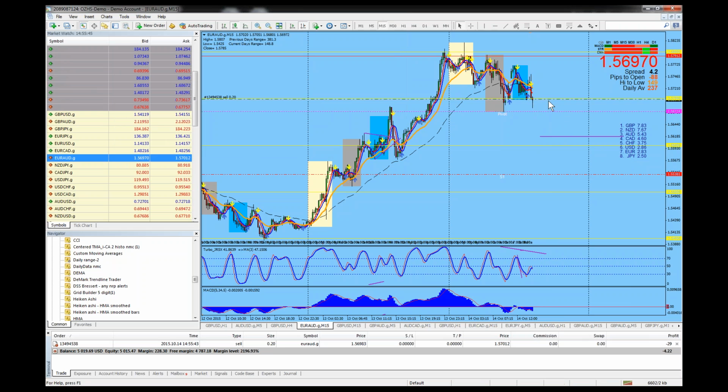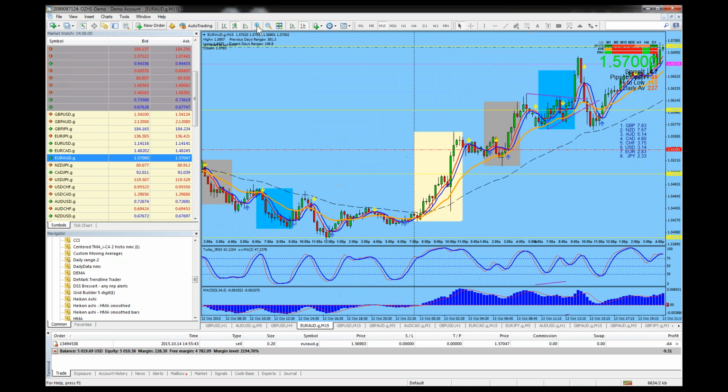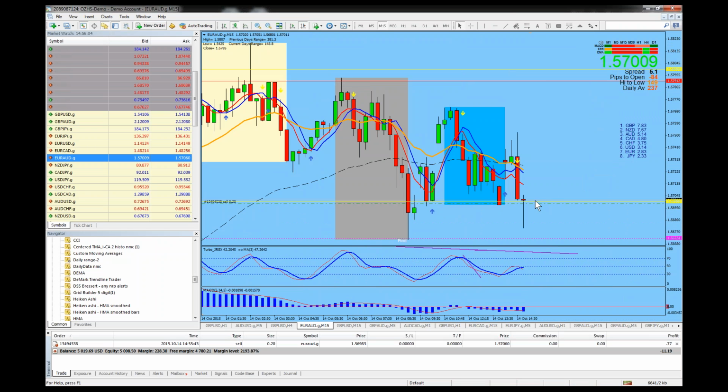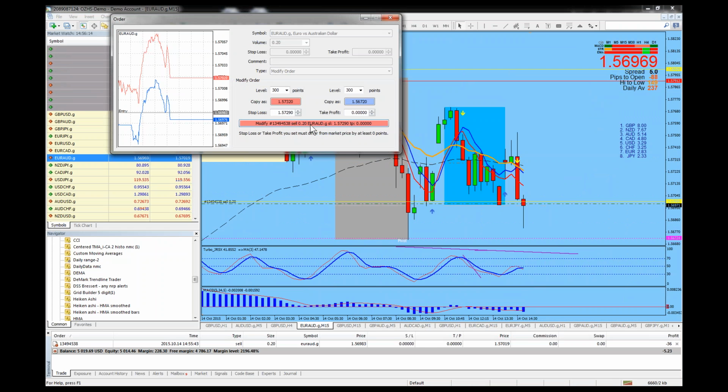That looks like a decent set and forget. 80 pips potential profit, and I want to go right up in here about 30 pips stop. Oh, let me blow this up a little bit so we can see it. Again, this is a 15-minute candle. So I want to go right to this shelf. Is 35 pips. I'll go under the shelf. Right in there.